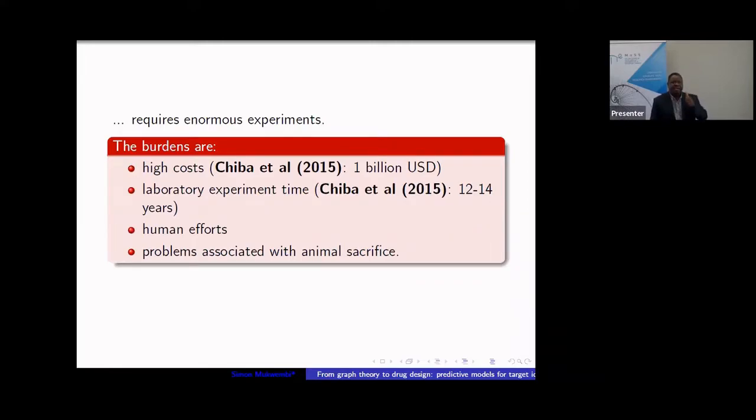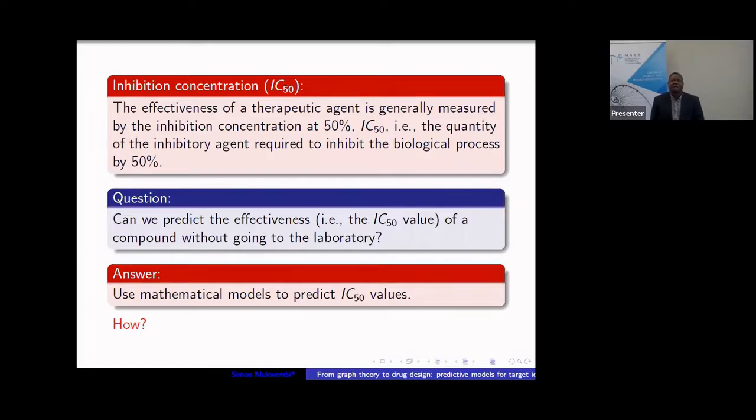If you are doing experiments with animal models, once you are done with your experiment, in most cases, even if the animals don't die, you will end up killing the animals, even if they survive the test. The reason being that you want to check whether or not the vital organs were affected through the experiment. So these are some of the problems that come with it.